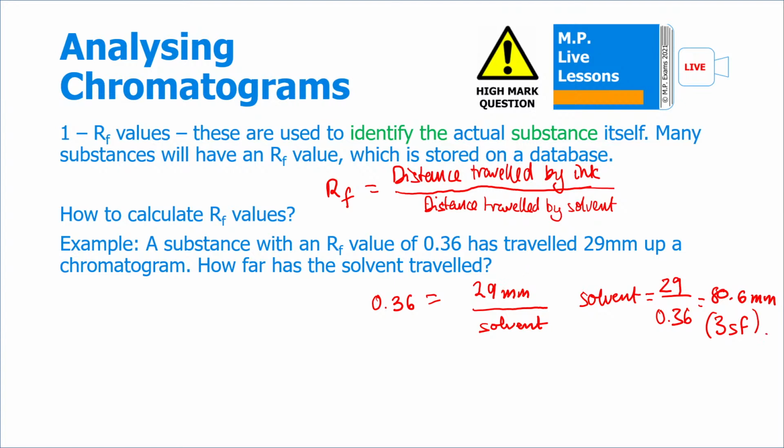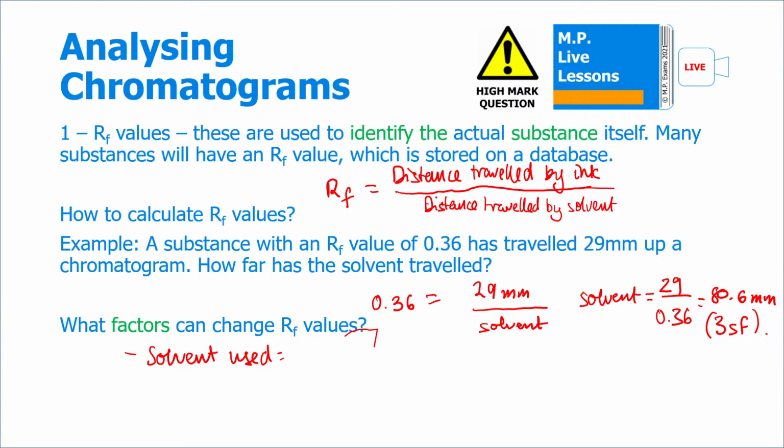Now, however, the RF values will actually change depending on a few things that you use for chromatography. It depends on two things. It depends on the solvent you use, because the ink or substance gets attracted to the solvent.